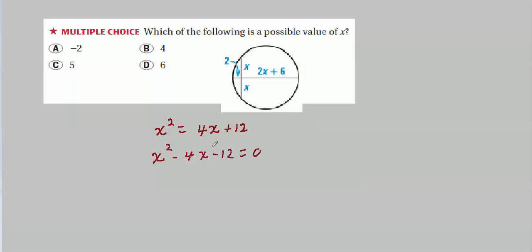Well, now we need factors of negative 12 that would add up to negative 4. Well, 3 and 4 don't work. I'd vote for 6 and 2, like minus 6 and plus 2. It seems to me that would work.